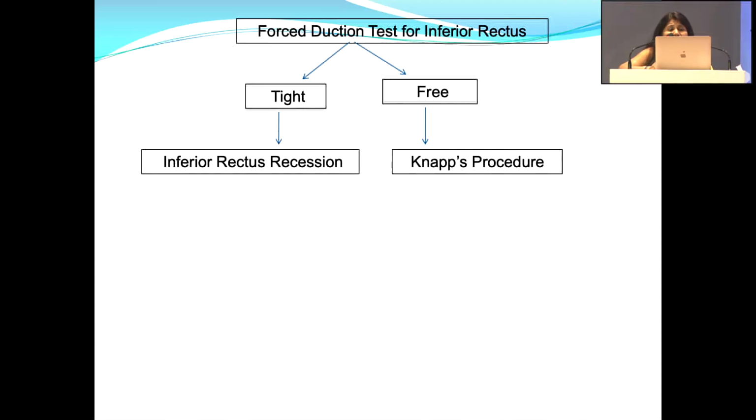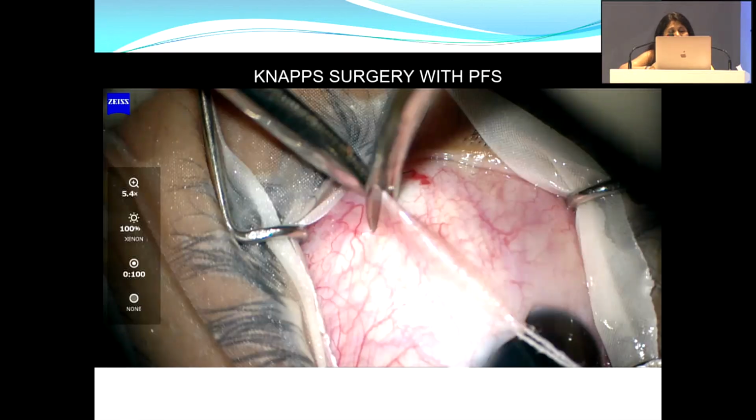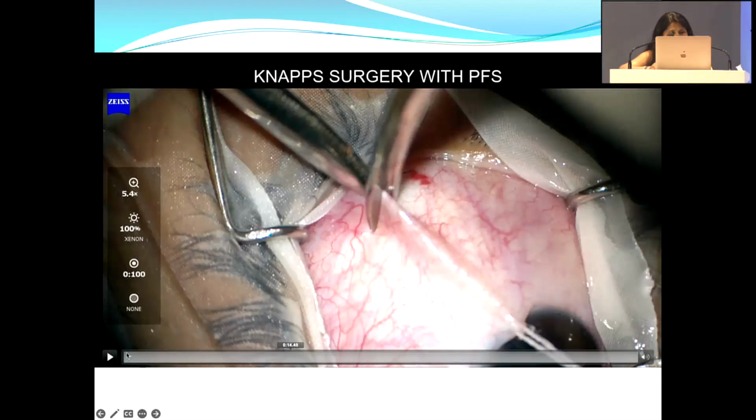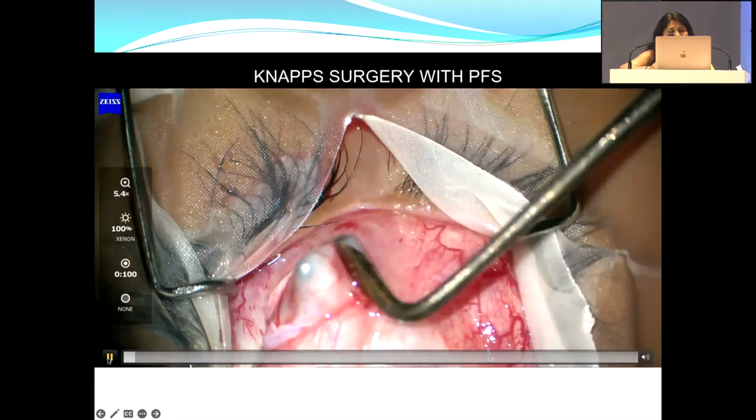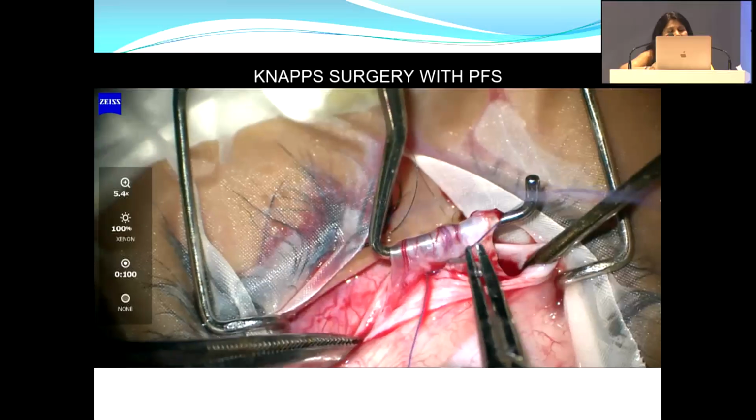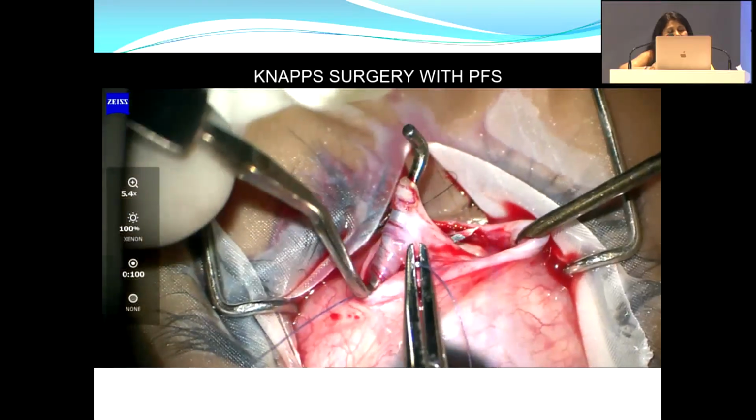If your force reduction test is free, that means it is negative, the NAPS procedure is the treatment of choice. And how do we do it? It's just a plain, simple transposition of the horizontal recti. You hook the muscles as we do with any other strabismus surgery.